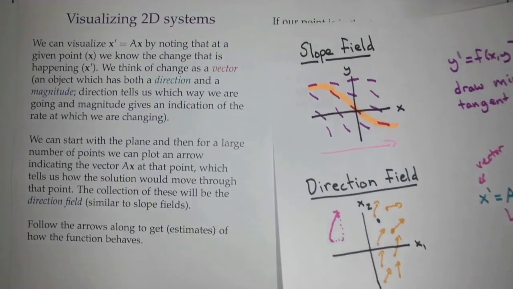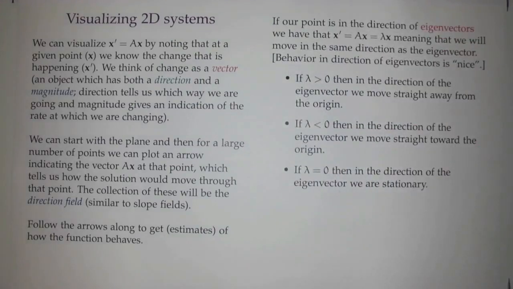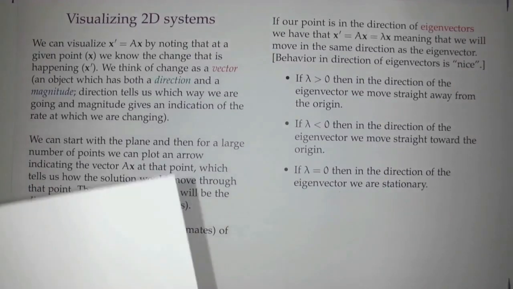Okay. One other comment to make, and that deals with eigenvectors. And we've talked a lot about eigenvectors. And this is our chance to say, hey, eigenvectors, they're really cool for a very good reason.